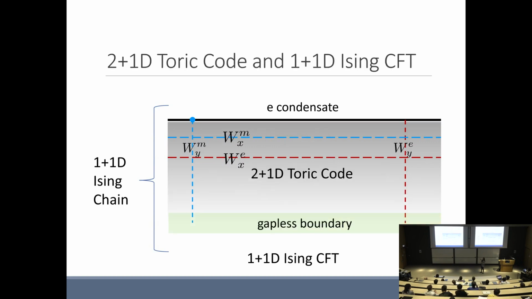Of course, then we can tune the bottom boundary to somewhere in between the E condensate and the M condensate so that neither of them condense. And then we go into a gapless boundary, and this can be, of course, at the transition point between these two boundaries and between the symmetry breaking phase and the symmetric phase.